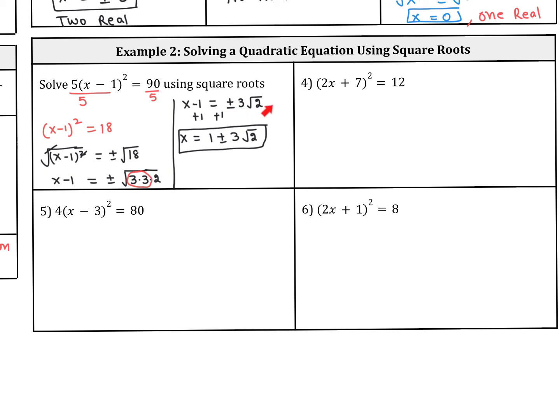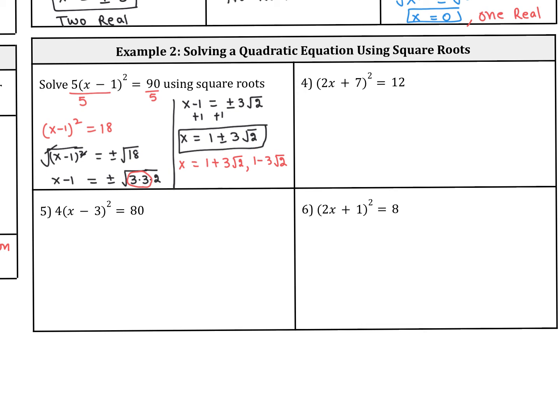This 3 has a square root with it, and this 1 is just a real number. In other words, the two answers are going to be x equals 1 plus 3 square root 2 and 1 minus 3 square root 2. Or you can write it as 1 plus or minus 3 square root 2.